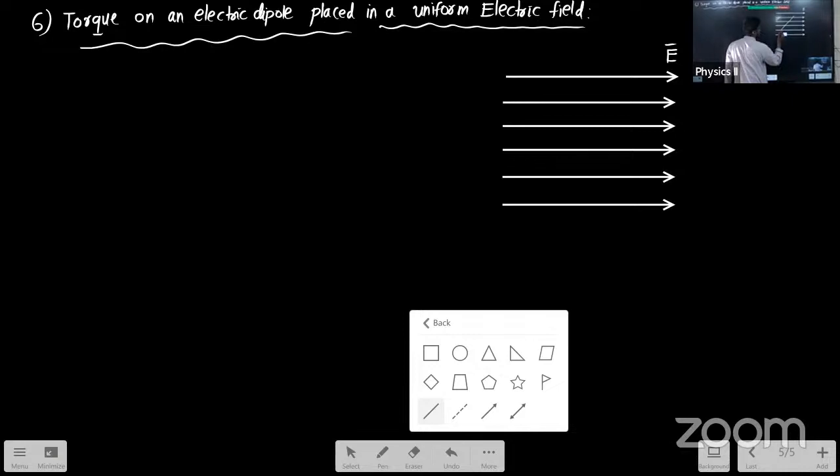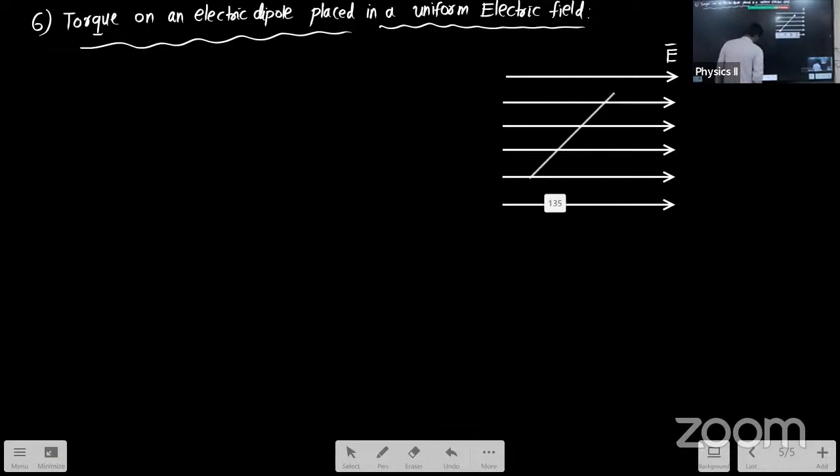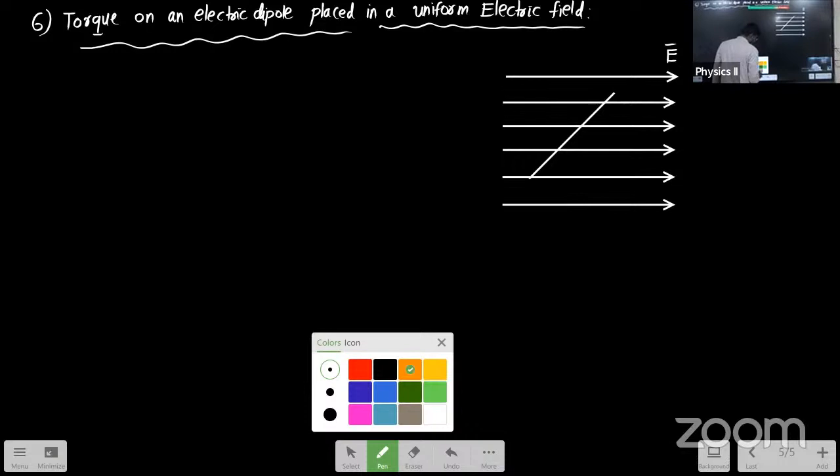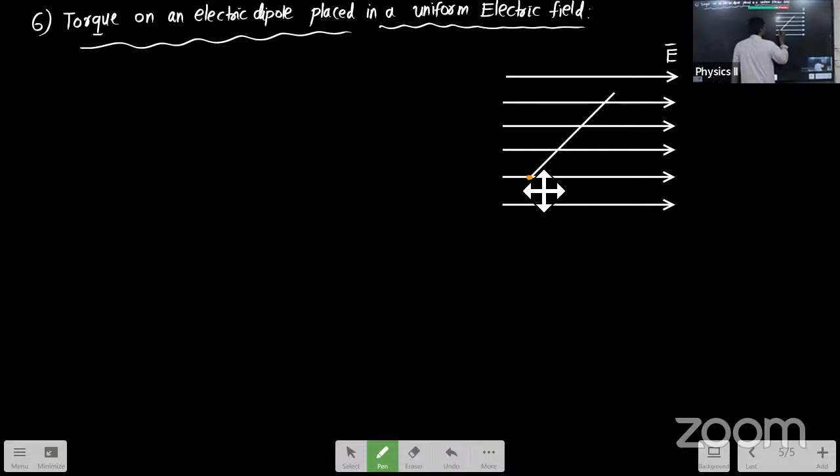Here I have placed an electric dipole. Here I am taking the negative charge, let me consider this point to be A. Here I am taking the positive charge, let me consider this point to be B.